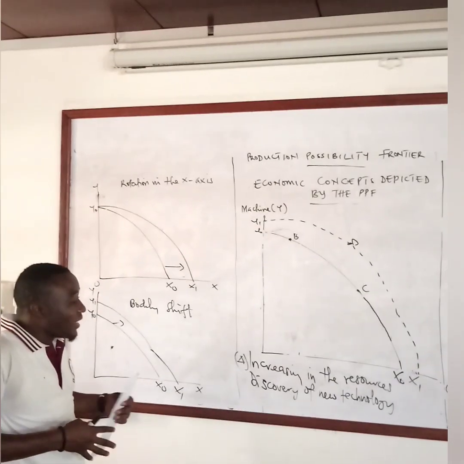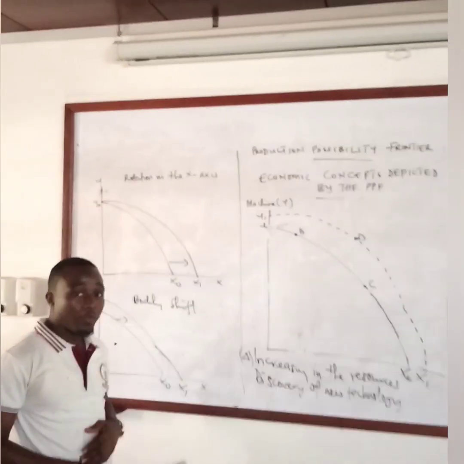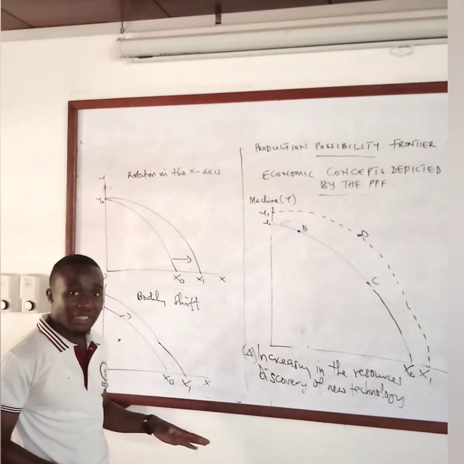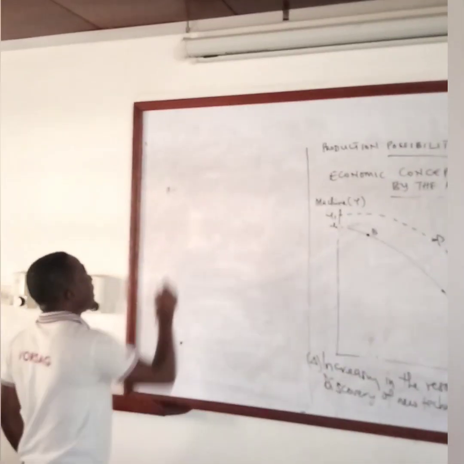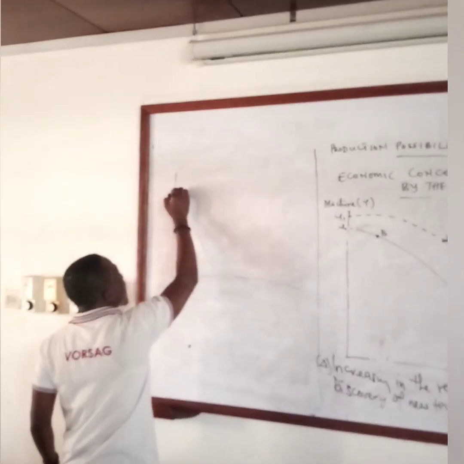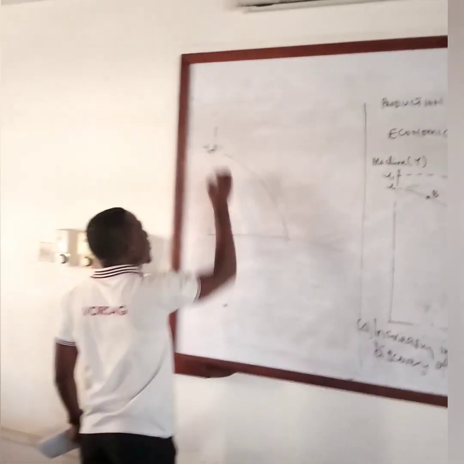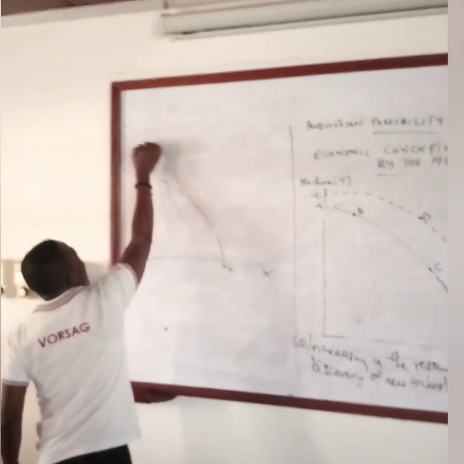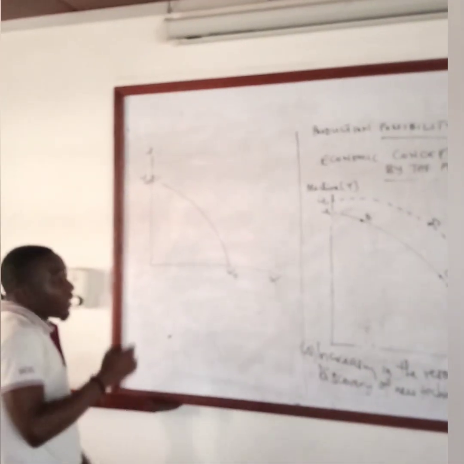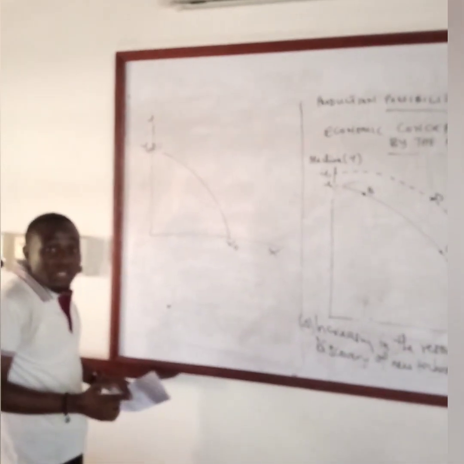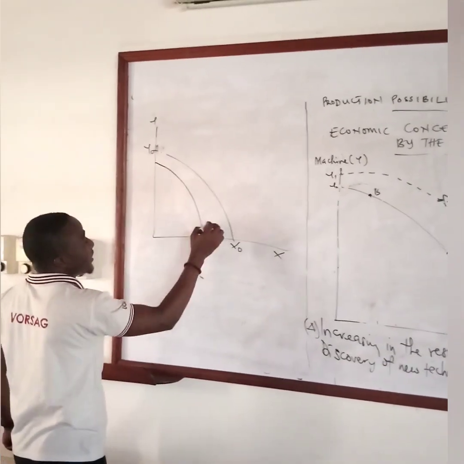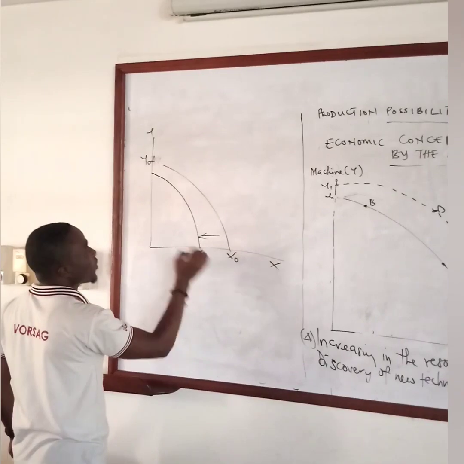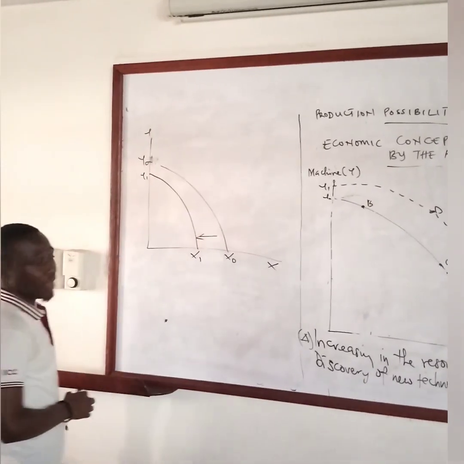In case now the resources of production of the two goods shrink or they reduce, now this one will rotate inside. So now if I have an initial curve this way, Y naught, X naught, and we have X, we have Y, and now there is a reduction in resources for the production of the two goods, you will see that this one will shift inside. So I have X1 here and then Y1 here.